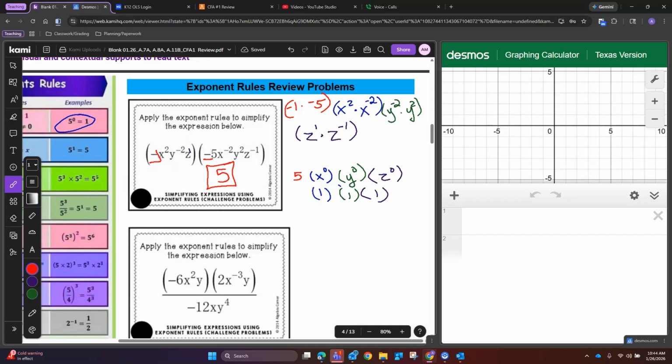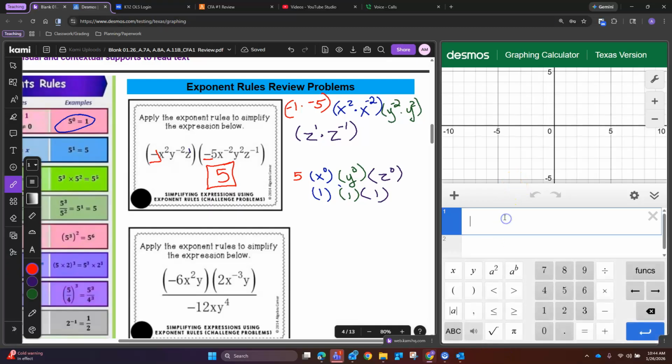Now, if you weren't sure on how to do that, you again could use Desmos. Just remember that when you're using Desmos, you need to change the variables into not x, y, and z. So let's say a equals 2, b equals 3, and c equals 4. Again, you have to make sure you change all the variables the same.